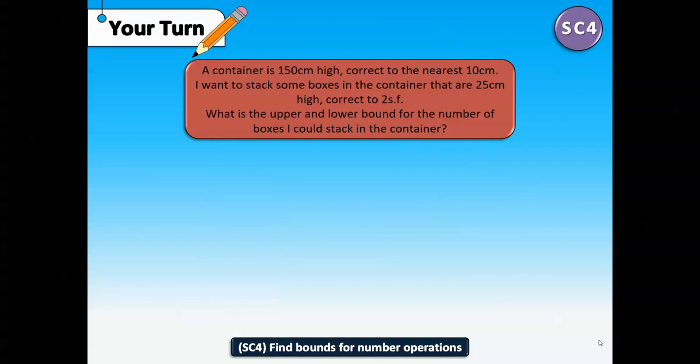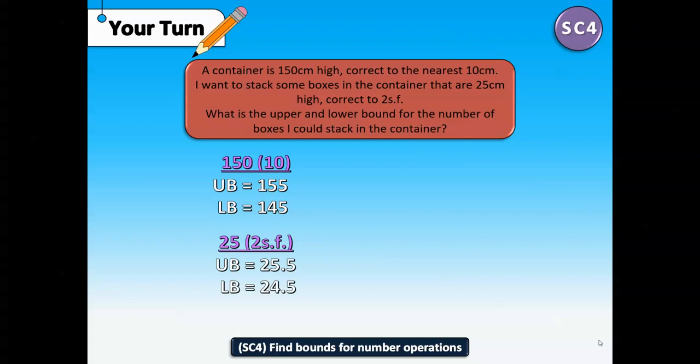For the red question, we're asked what is the upper and lower bound for the number of boxes I could stack in the corner in the container. So we want the upper and lower bound for 150 and the upper and lower bound for 25.